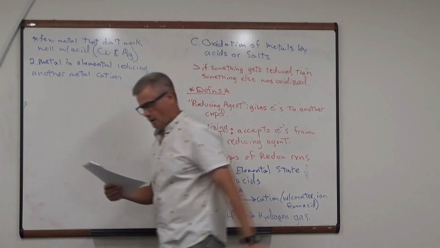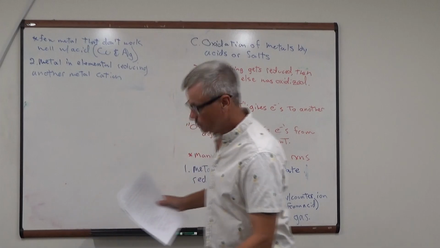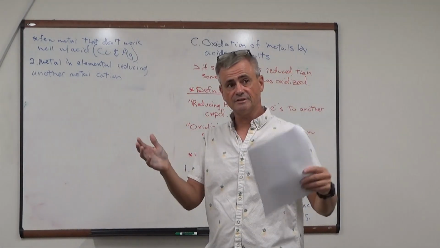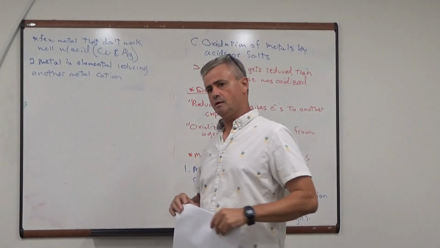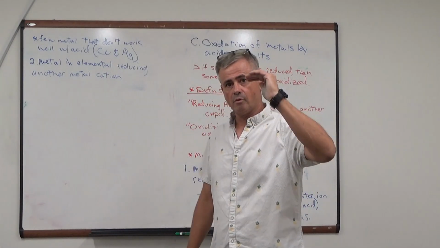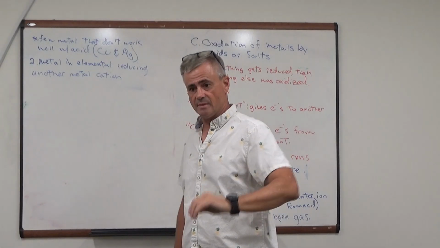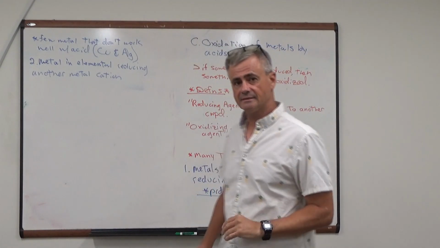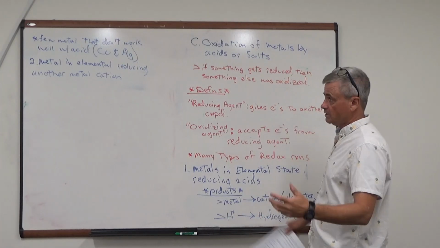You may remember in chapter 4 we looked at the activity series, and we said that if we want to know whether this metal will reduce that metal, the reducing agent has to be higher on the activity series, otherwise it won't.